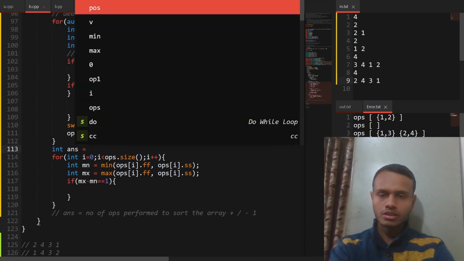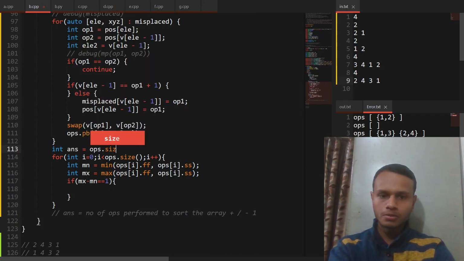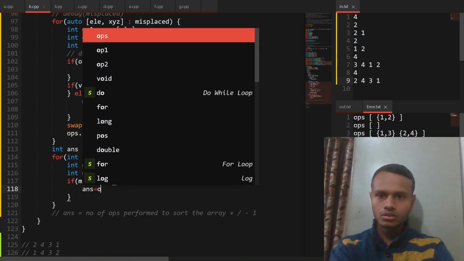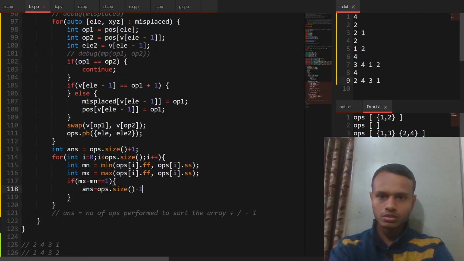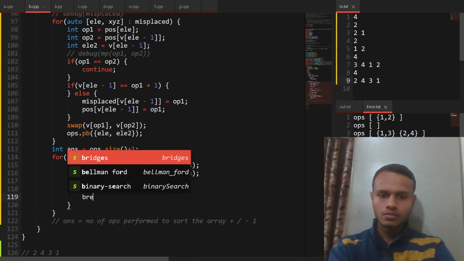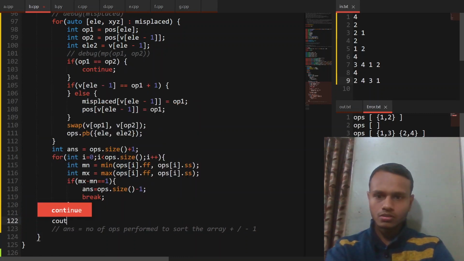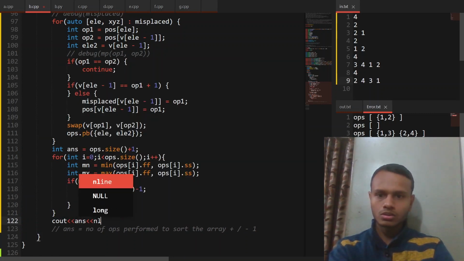Let's say initially the answer is ps dot size plus 1. Then here the answer could become ps dot answer minus 1. We can break it here. Now see our answer.